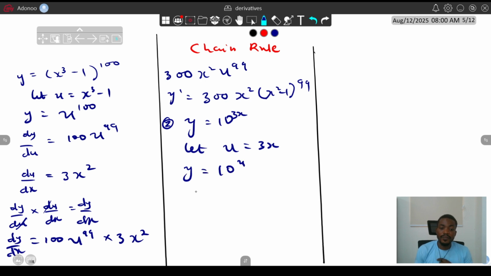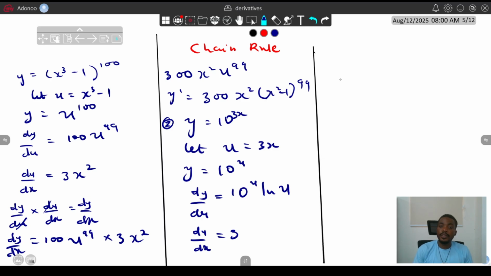Now we can find dy/du. According to the exponential functions we did earlier, what is dy/du? You are right. dy/du will be equal to 10 raised to the power u ln 10. Then we need to find du/dx. du/dx is now equal to 3, right?